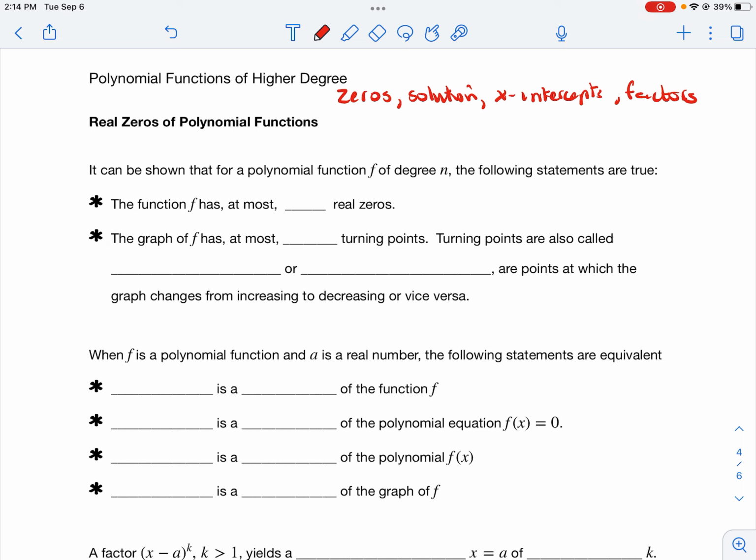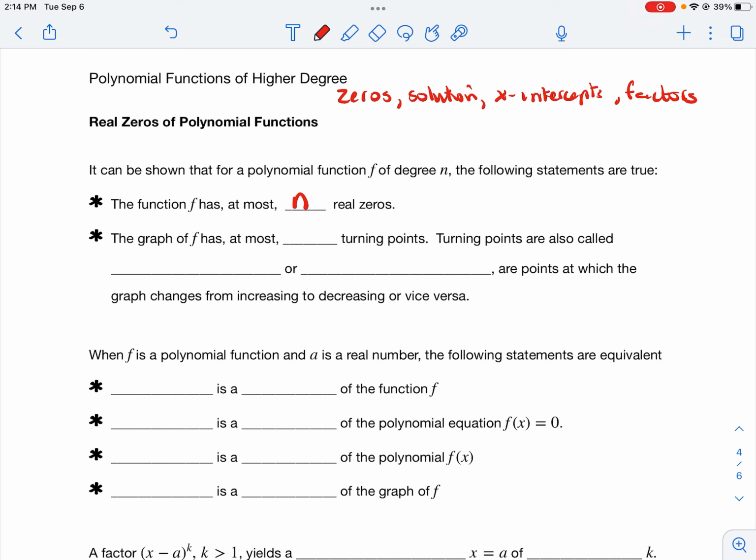It can be shown that for a polynomial function f of degree n, the following statements are true. Zeros are where the function value is equal to 0. That's why we call them zeros: f of x equals 0. So the function f has at most n real zeros.